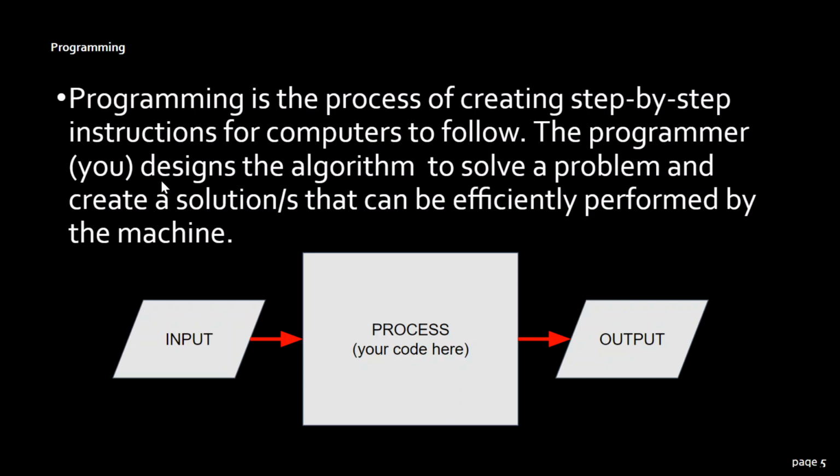Then your program, which is the majority of your code, which is the process, will process the information gathered, and then finally, if it all goes well, it will show a certain output, and that output hopefully is the expected output which you have designed for this particular algorithm or problem.